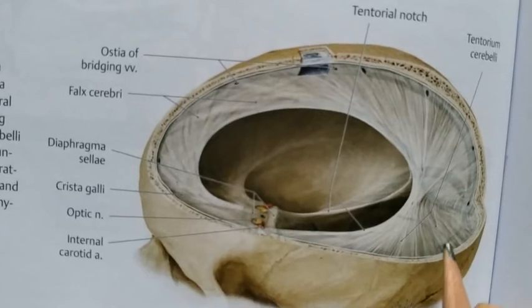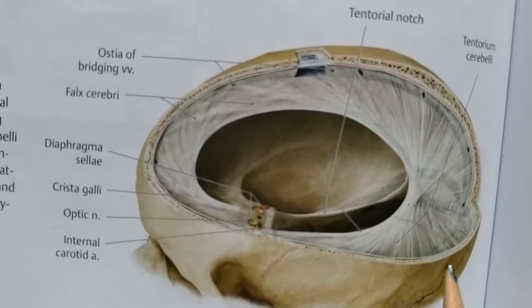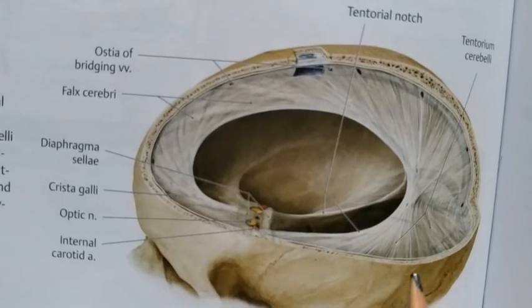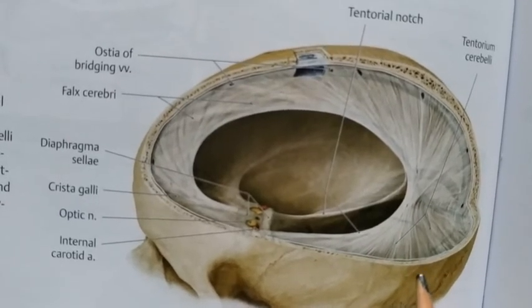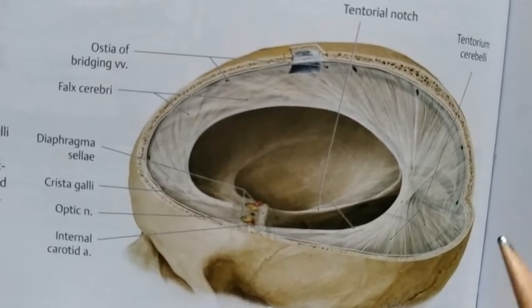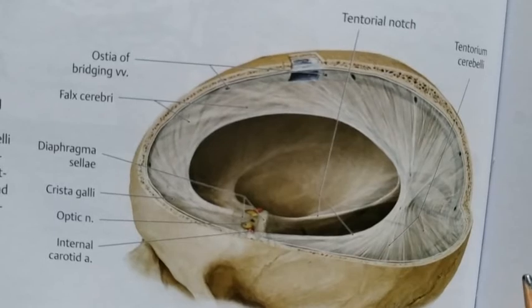The base of the falx cerebelli is upward, and the apex goes below up to the posterior margin of the foramen magnum, where the apex divides into some folds. The falx cerebelli contains the occipital sinus.